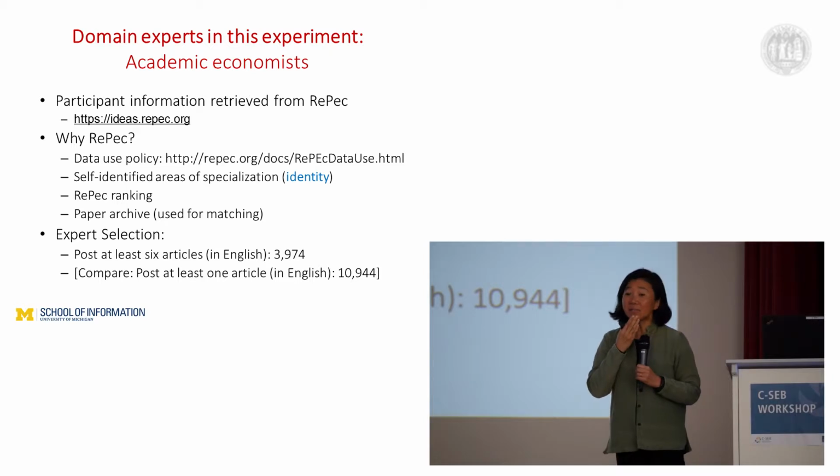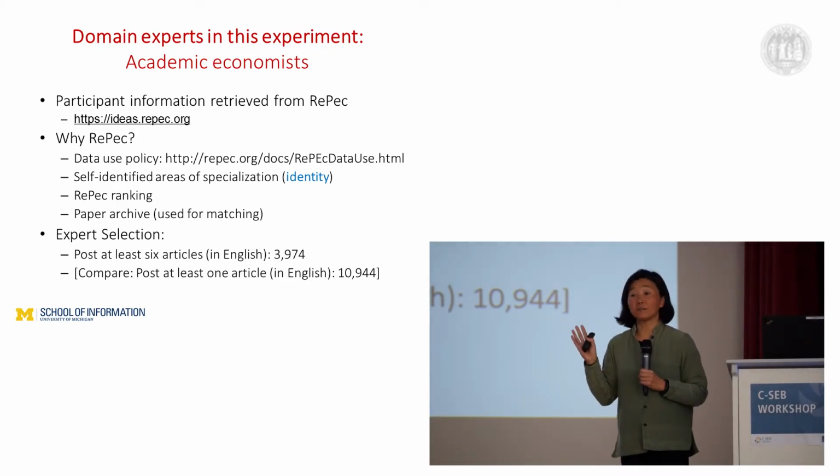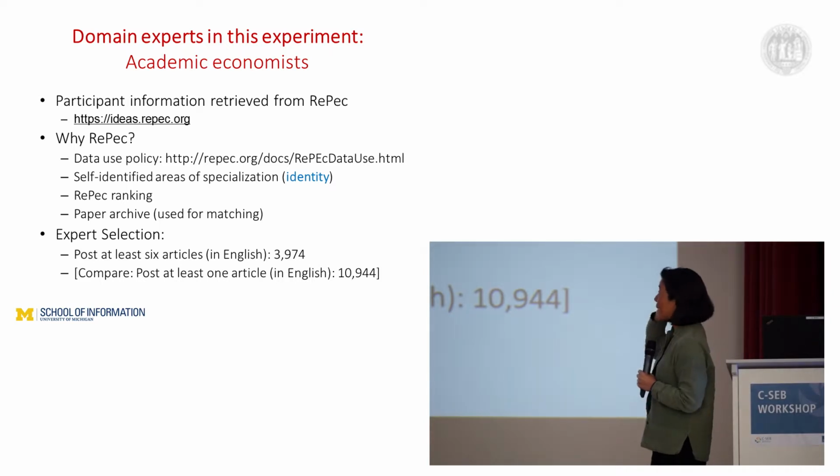This used to be, before Google Scholar came out, the working paper archive for economists, and it was the only one for a while, and then SSRN came out, and the physicists have arXiv. So this was the equivalent of arXiv. Why REPEC?